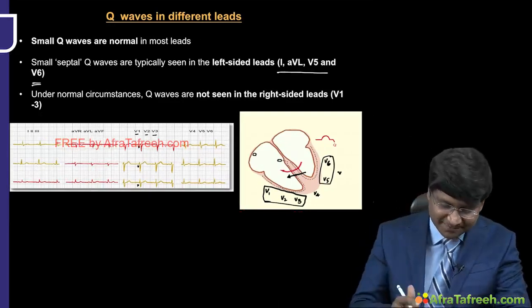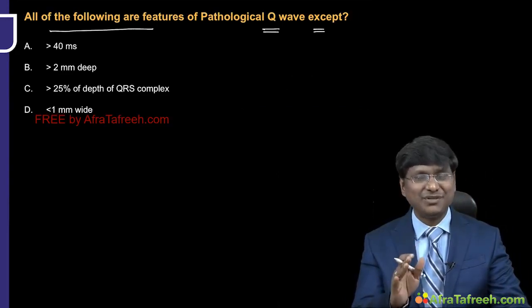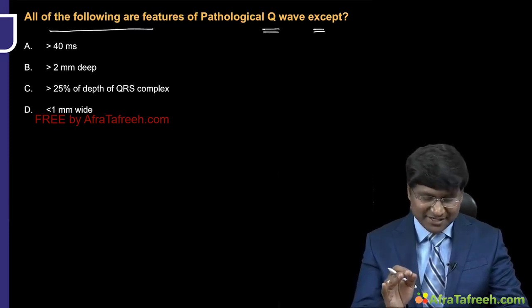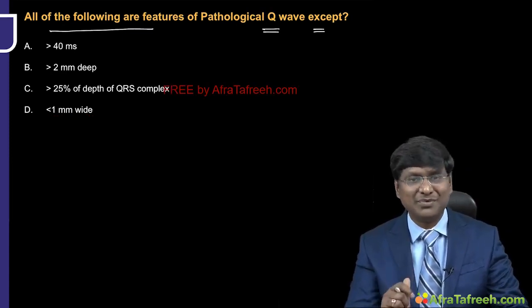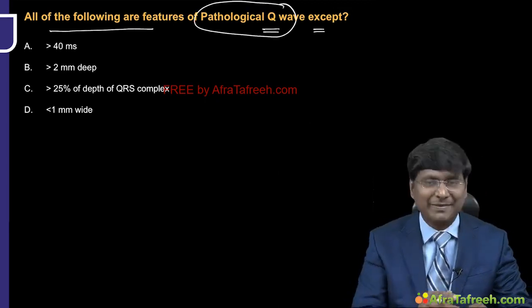You see this question now. All of the following are features of the pathological Q wave, except: more than 40 milliseconds, more than 2 mm deep, more than 25% depth of the QRS complex, less than 1 mm wide. So which among the following is not a feature of the pathological Q wave?